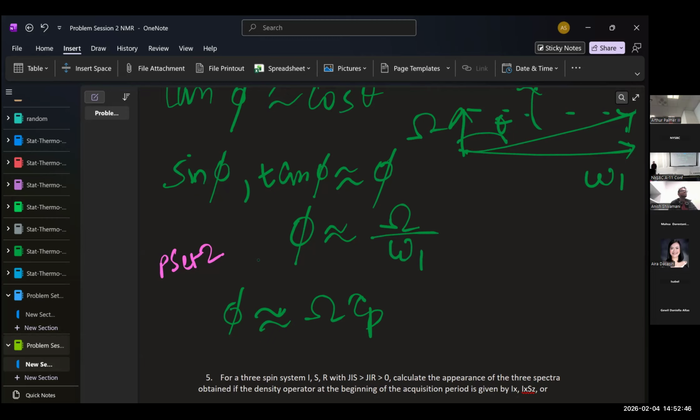Now the question is, is this a reasonable approximation? Comparison. What do you do?